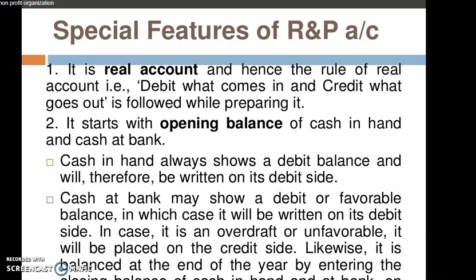In case it is an overdraft or unfavorable, it will be placed on the credit side. Likewise, it is balanced at the end of the year by entering the closing balance of the cash in hand and the cash at bank.